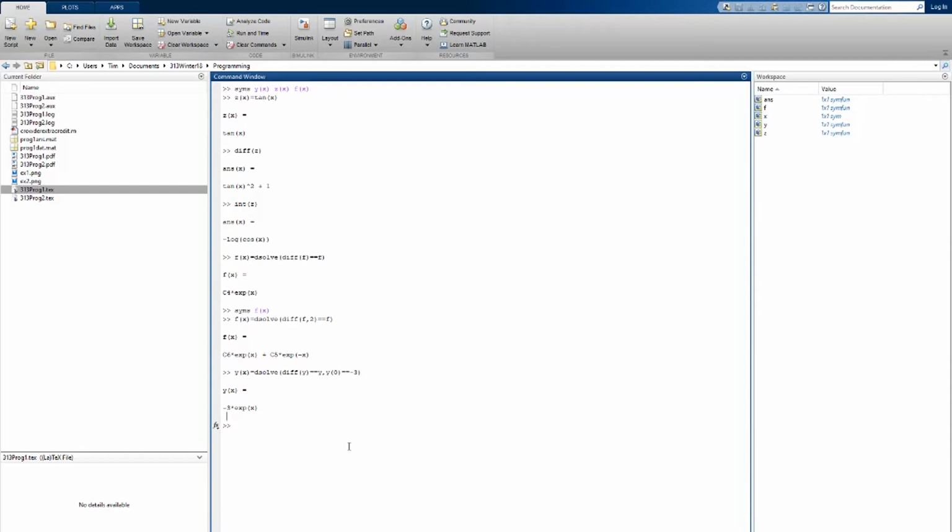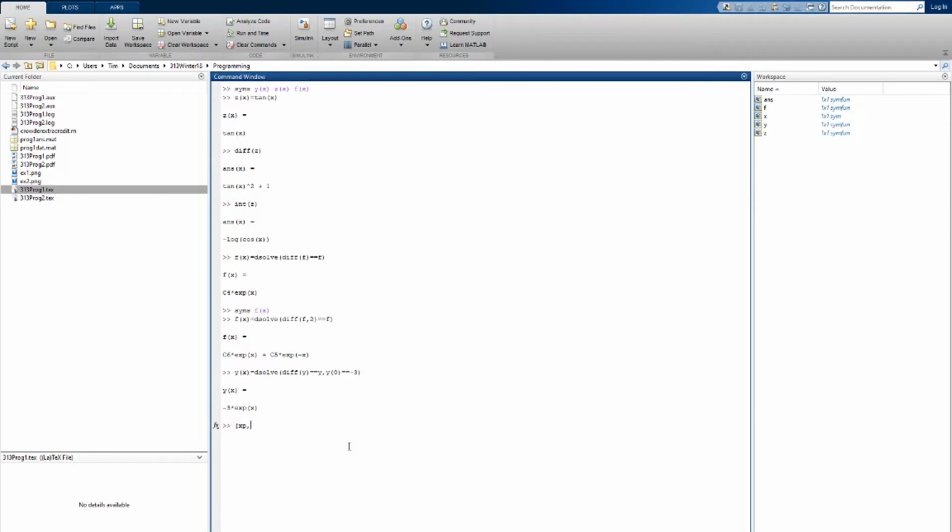We know what that constant is, and in this case, it has to be -3. Okay, now the next part of this example is all about building a directional field for this differential equation. Now, the first thing that we need for a directional field is we need a grid.